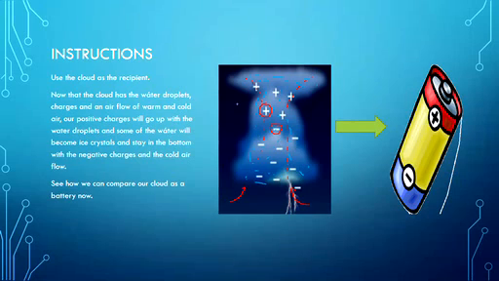That's because the warm airflow is going to go up to the cloud and is going to attract all the positive charges with it. So the water droplets, the warm airflow, and the positive charges are going to go to the top of the cloud. Meanwhile, the cold airflow is going to attract all the negative charges, and some water droplets are going to become ice crystals because of the low temperatures that are going to be on the bottom side of the cloud.